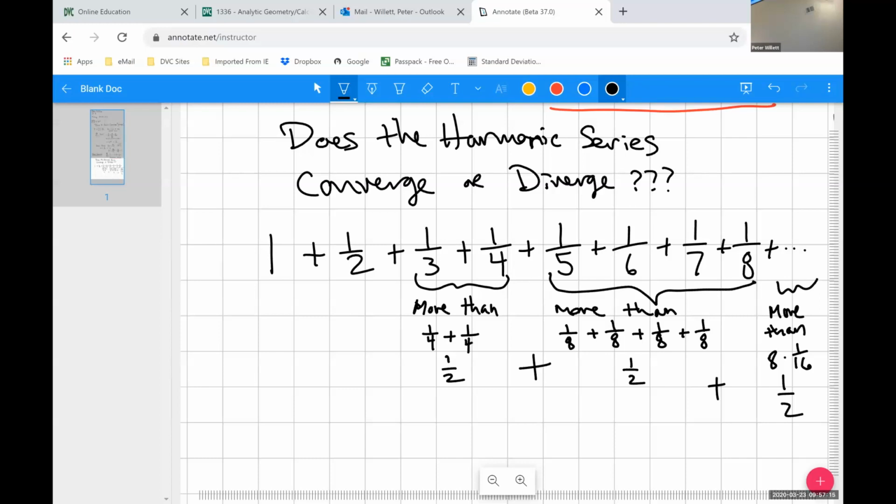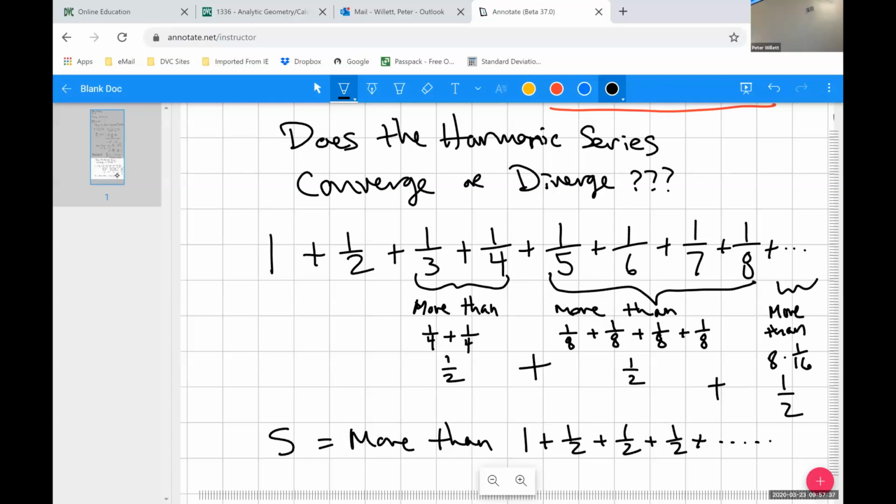So what we're seeing here is that the sum of this series is more than 1 plus 1/2 plus 1/2 plus 1/2, etc., because I can always go out enough terms.